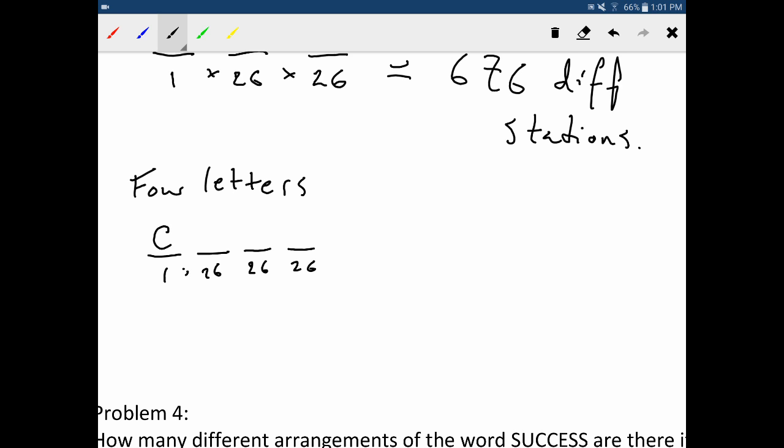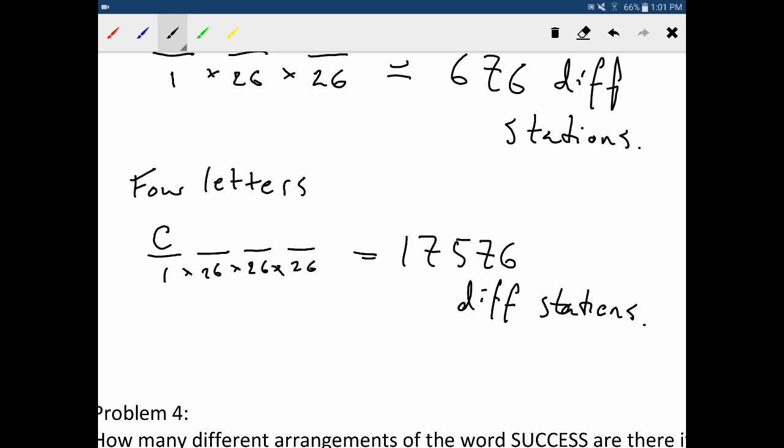So there's 1 for the first. So again, we just multiply them. Okay, and we'll get 17,576 different stations. Okay, and that's that.